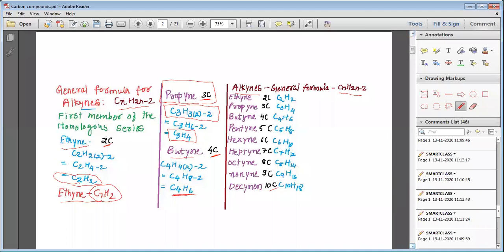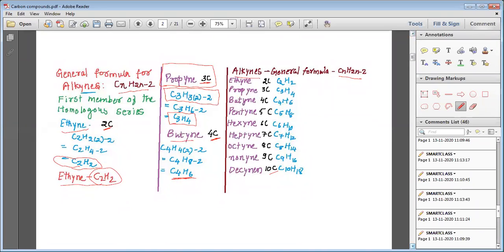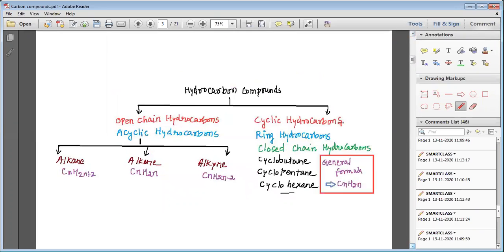After alkynes, my dear students, we want to study something else. Let us go back and look forward at the hydrocarbon compounds. In the hydrocarbon compounds, we have open chain hydrocarbons and cyclic hydrocarbons. In the open chain hydrocarbons, we have acyclic hydrocarbons which do not have cycles.